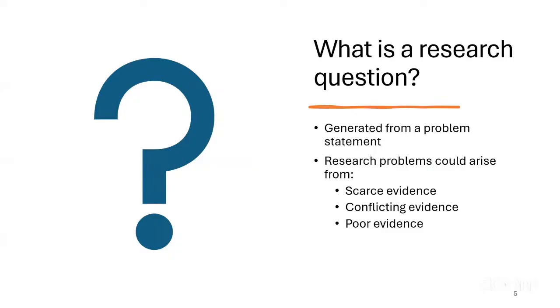Now, remember we said we want to answer a question or we want to solve a problem. A research question is often generated from a problem statement. And that's why when you are writing a manuscript or conducting research, either a student project, a postgraduate dissertation or a thesis, or whatever type of research work you're involved in, there has to be a problem statement.